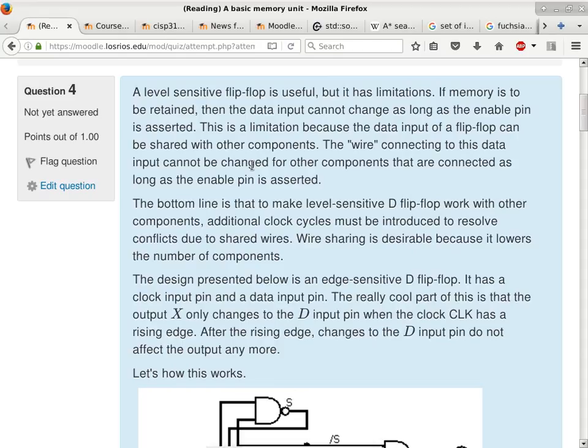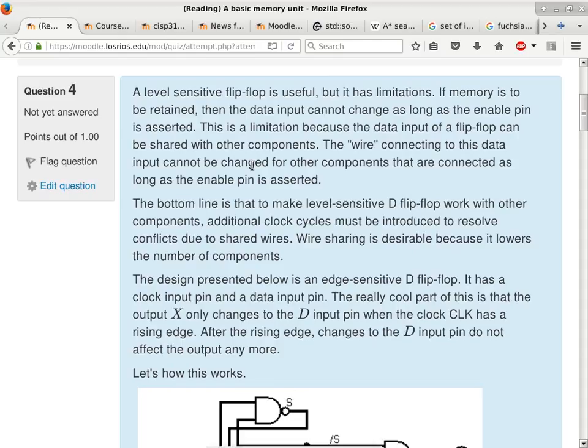Okay, which is not really a good thing in terms of designing a circuit with other components, because what we want is to say, okay, the D pin now has your data, and when I make a transition of this clock, pay attention. But the rest of the time, even if the clock pin is high, don't do anything.